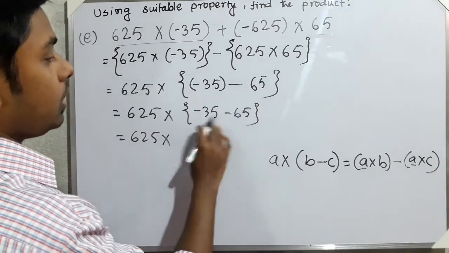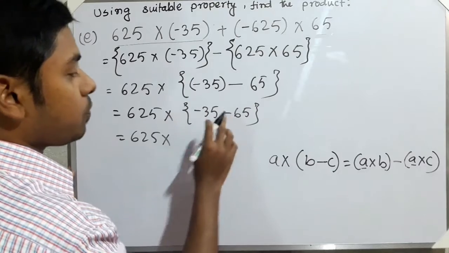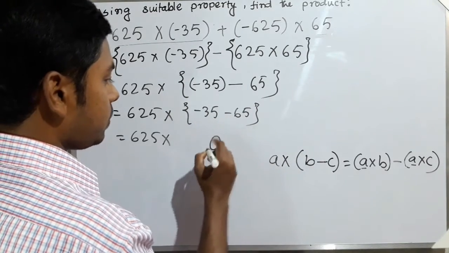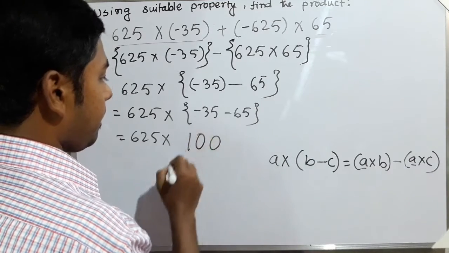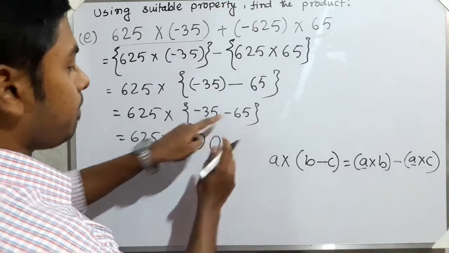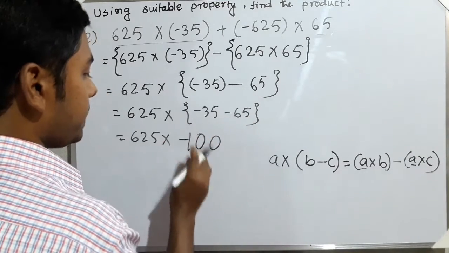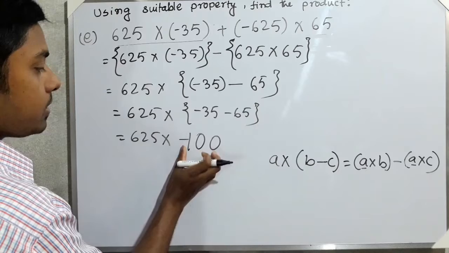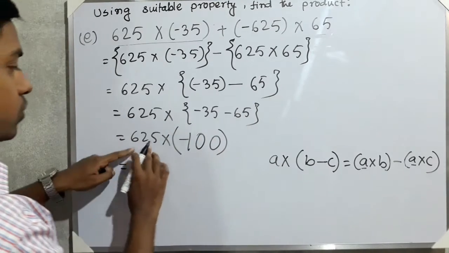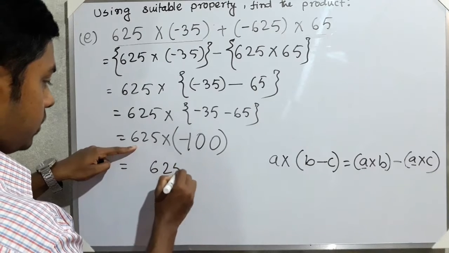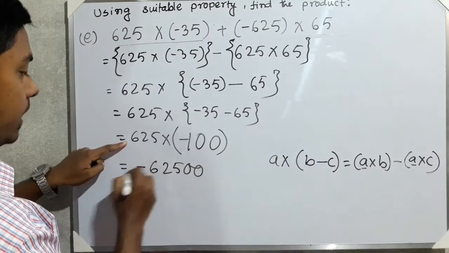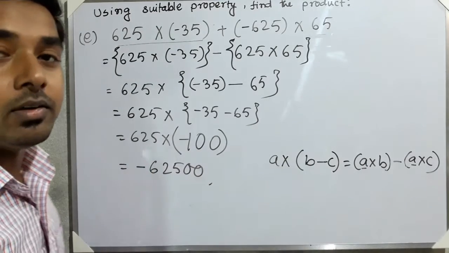Minus into minus equals plus, so we do plus. Between the two numbers 65 is the greatest, and before 65 there is a minus sign, so before 100 also a minus sign. Since it is a negative integer, keep it within a bracket. Now 625 into 100, and plus into minus equals minus. This is the answer. Clear?